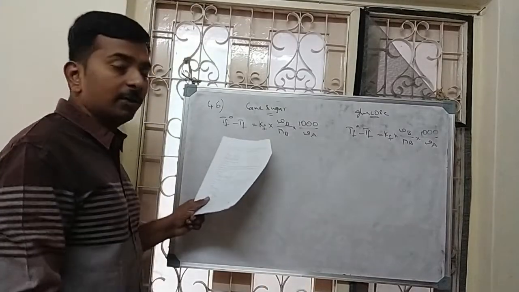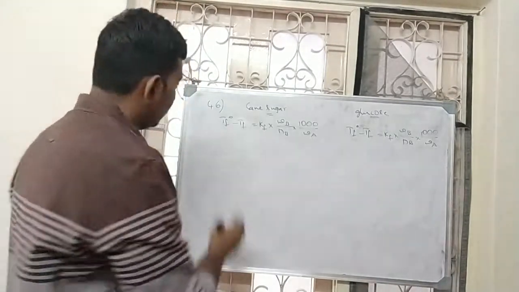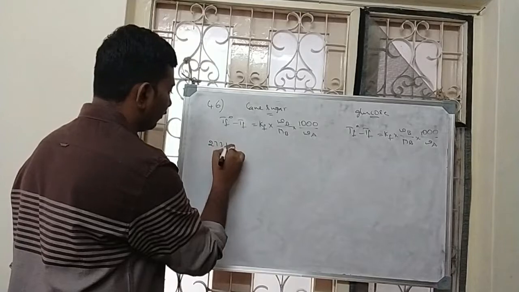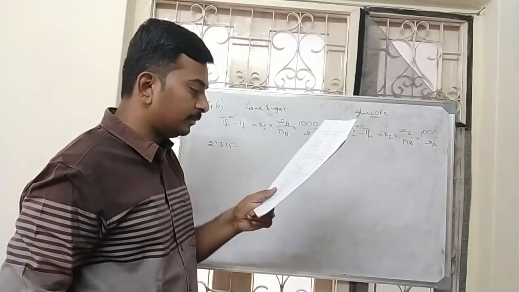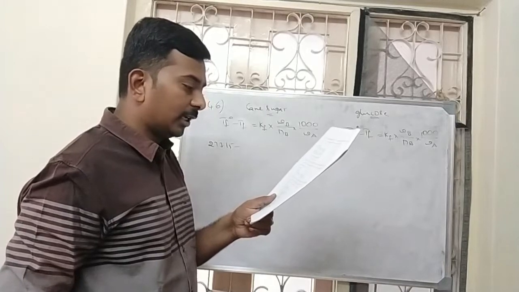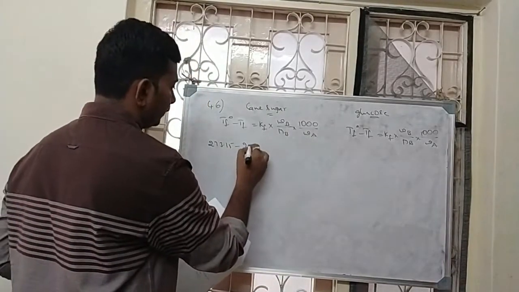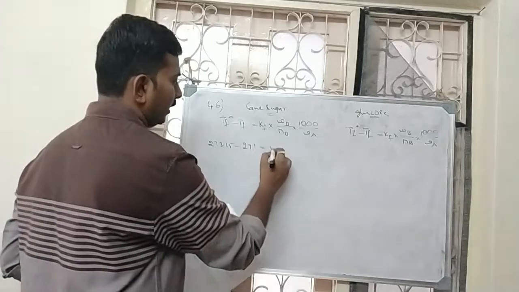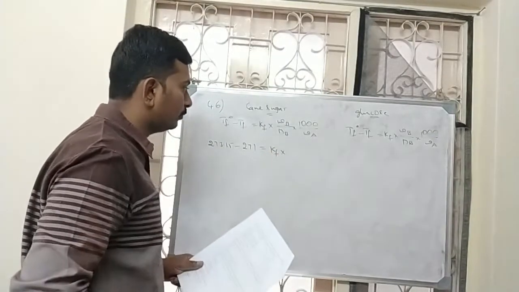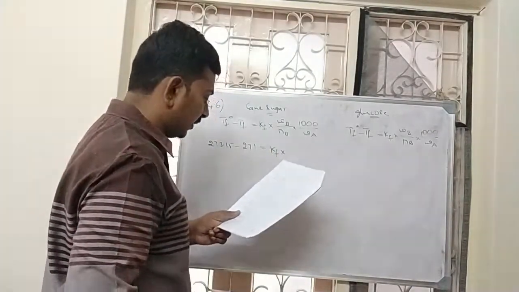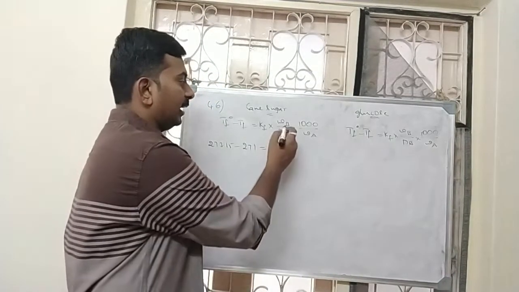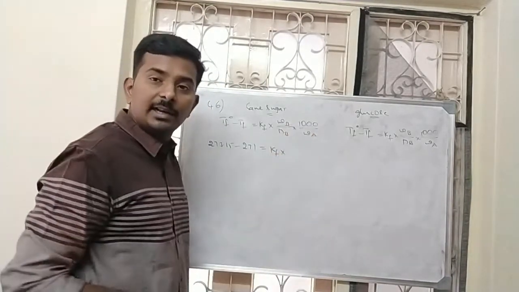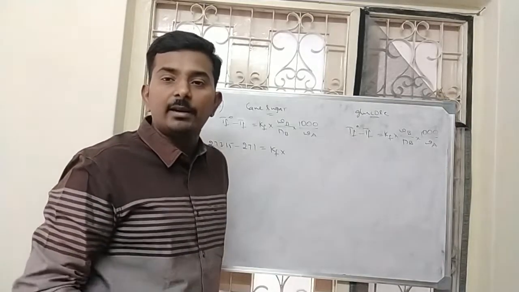So what is the TF naught? TF naught for water is given as 273.15 minus. The freezing point of cane sugar in water is 271, is equal to, so Kf value will be a constant, Kf into mass of the solute. It is 5% by mass. What do you mean by 5% by mass? 5 grams of the solute is dissolved in 95 grams of water to make 100 gram solution.